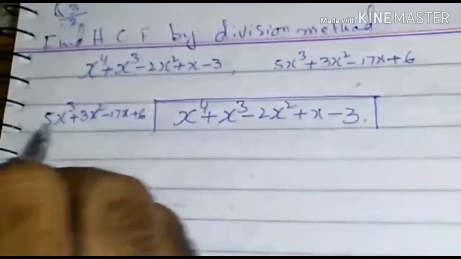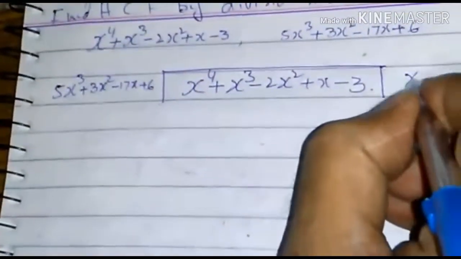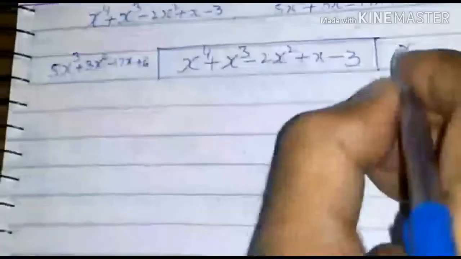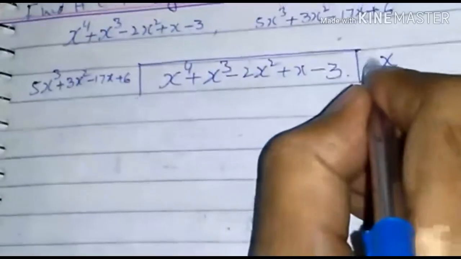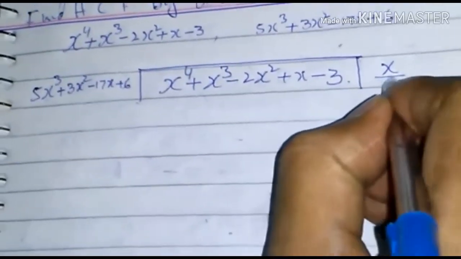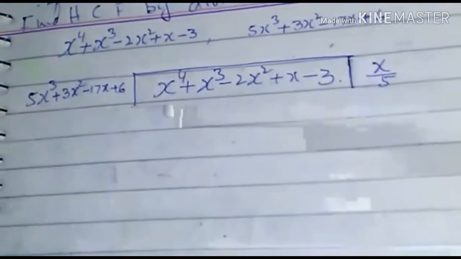Here is 4, here is 3, we need x. Here is 1, here is 5, so we need to divide this with the 5. So we write it x over 5.